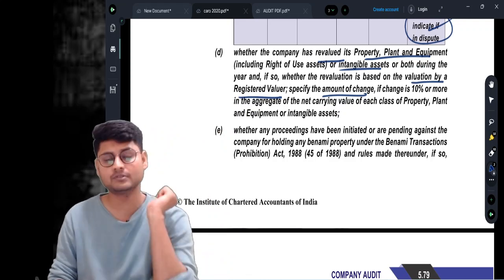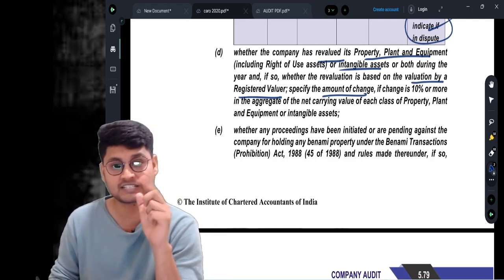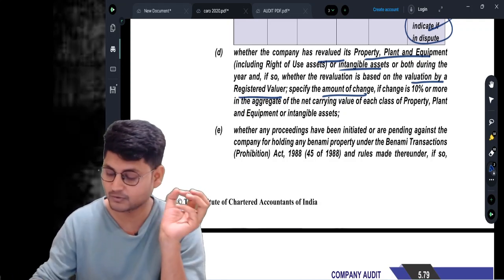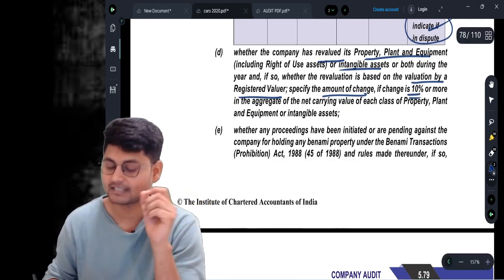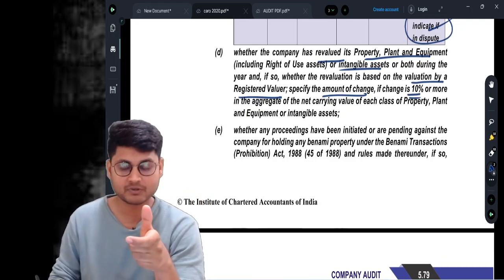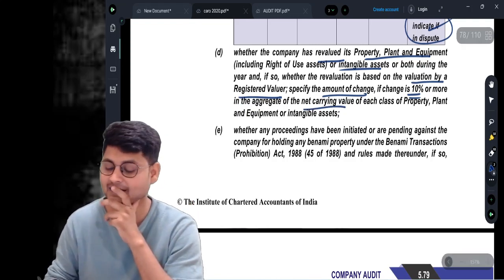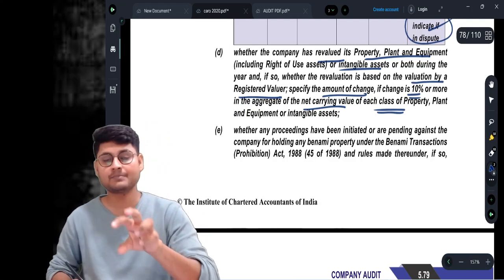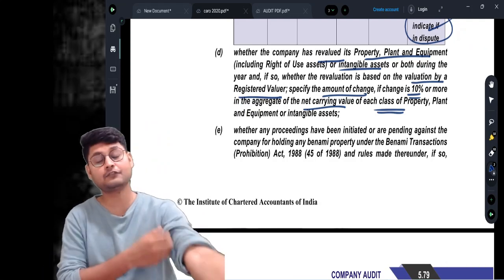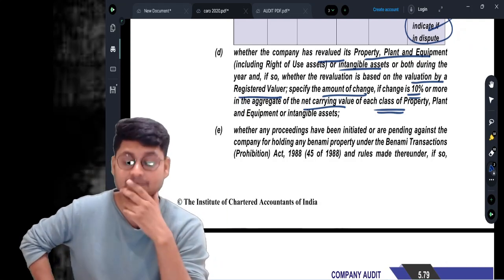The amount of change you need to write only if it is 10% or more in the aggregate of net carrying value of each class of property. This 10% shall be calculated for each class of property, plant and equipment.